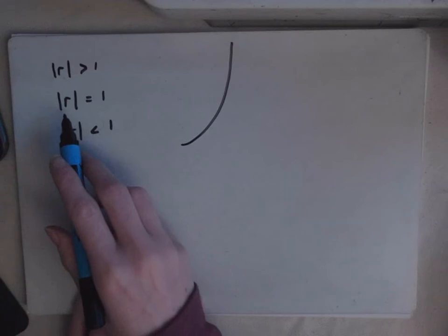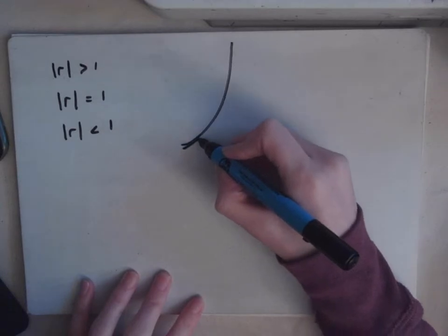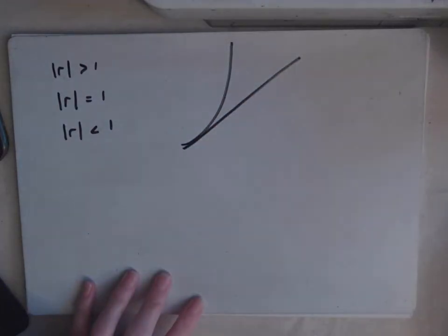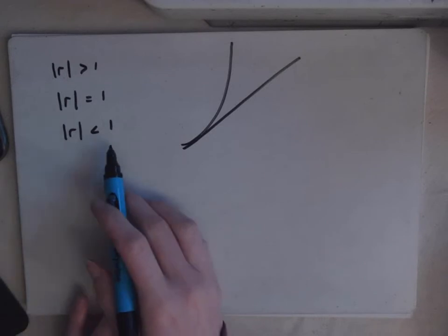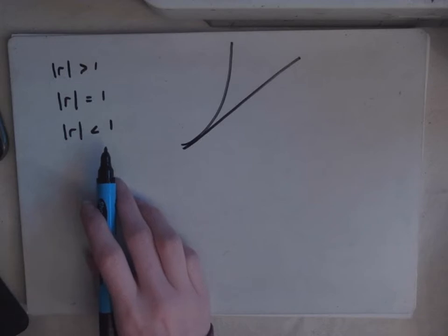Now, if your R is 1, your series ends up looking linear, okay? And if your R is less than 1, what happens is you approach a limit, okay? So you have a limiting value. Now, again, it's given to you in your log tables.